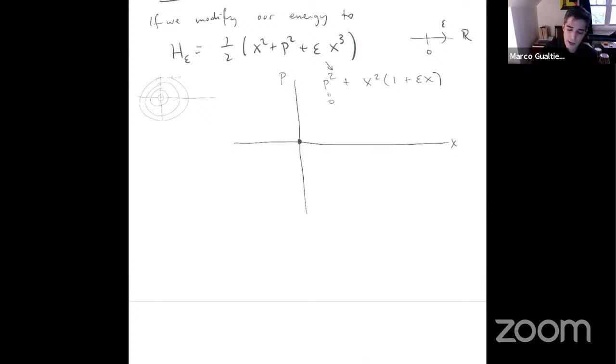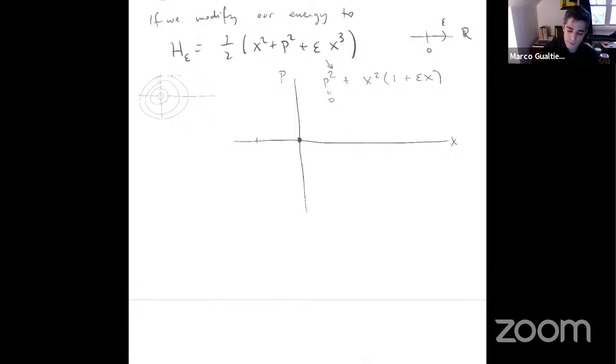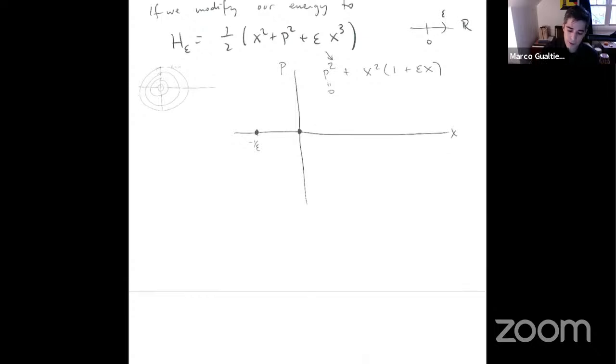But if x is minus 1 over epsilon, then this point will also be in the 0 level set. So this is different from the previous case. In the previous case, the 0 level set was just the point at the origin. But here I'm going to have another point, not just the point at the origin.